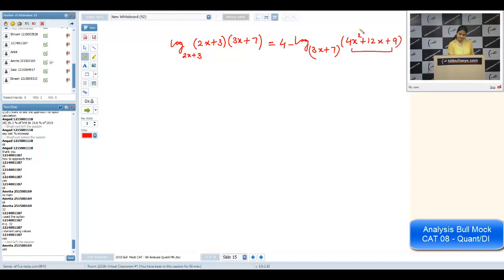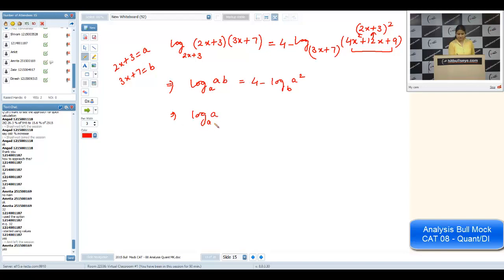Now this will be (2x plus 3) whole square. So if I solve it by using the properties, I am putting 2x plus 3 as A and 3x plus 7 as B. So it becomes log of AB with base A is equal to 4 minus log of A square with base B. Now it is easy.